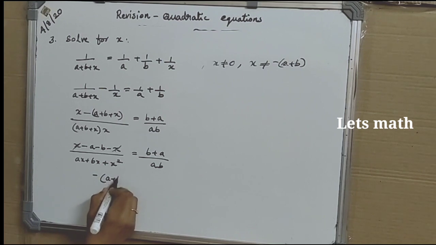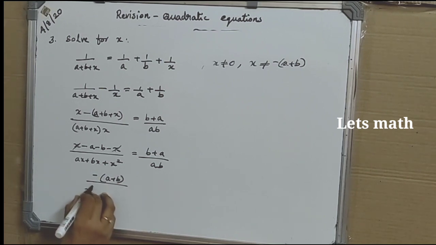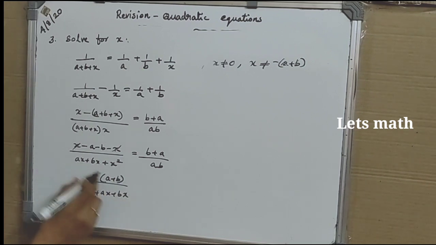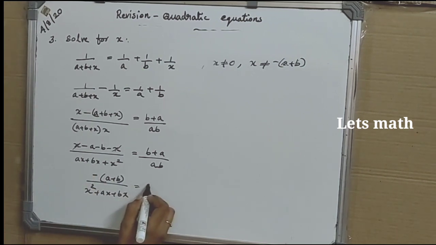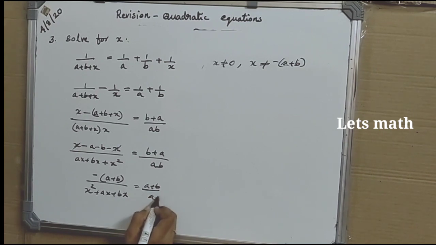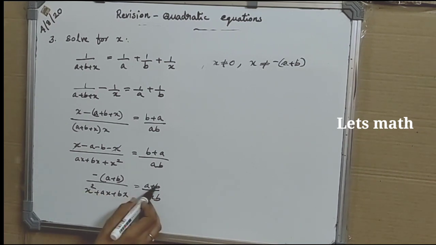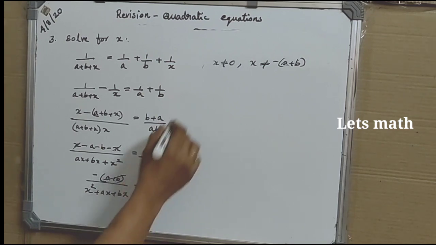Now x gets cancelled. Negative of a plus b divided by x square plus ax plus bx. Let us write in order, equal to a plus b by ab. I can cancel this a plus b and a plus b from both sides.